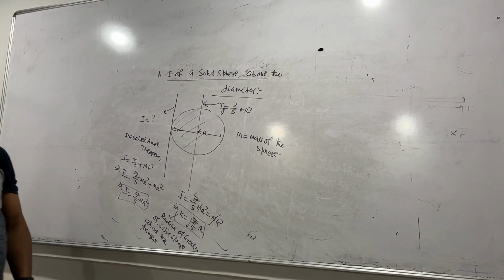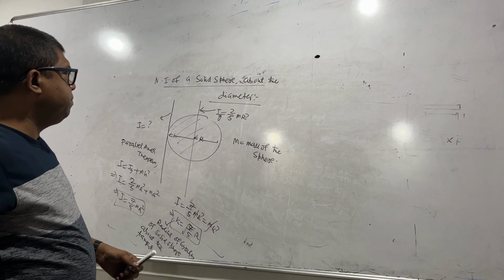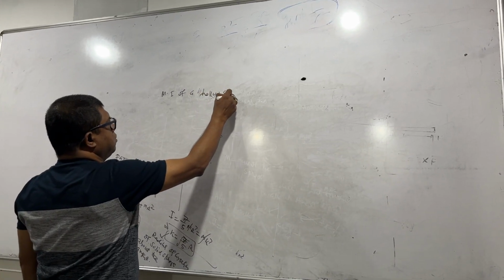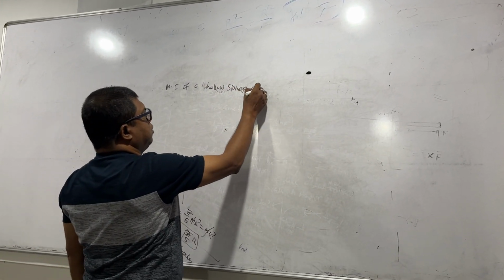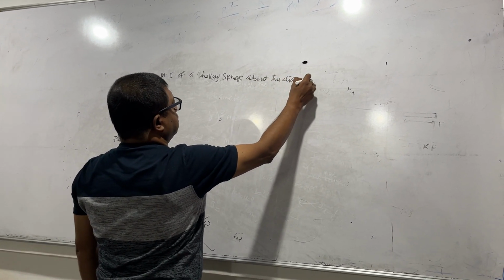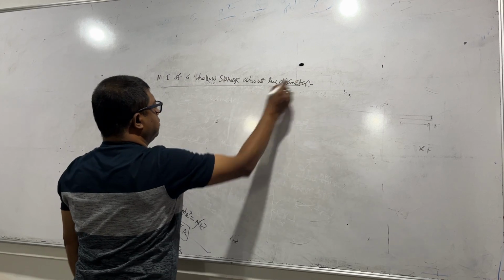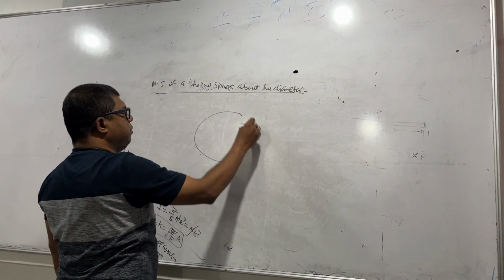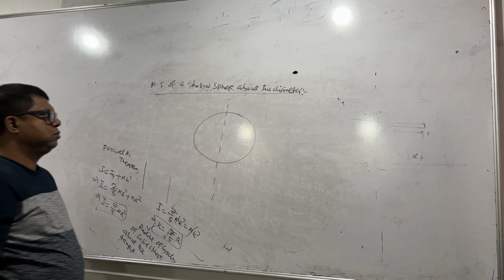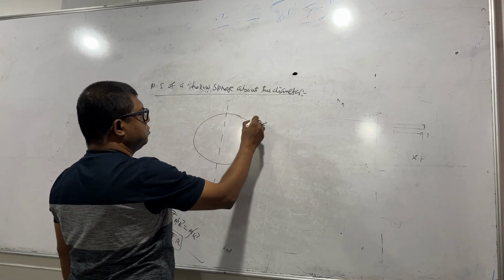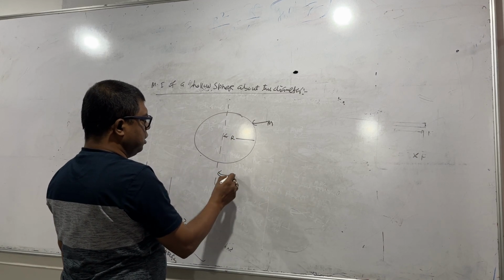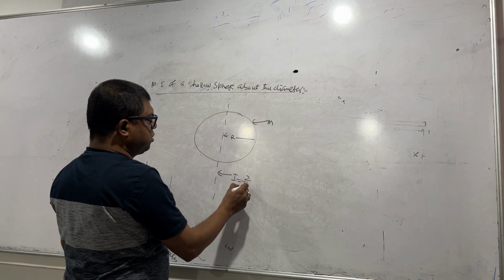And last is the moment of inertia of a hollow sphere, a hollow sphere about the diameter. The hollow sphere about the diameter, its mass is M and radius is R. About this axis it is equal to 2 by 3 MR square.